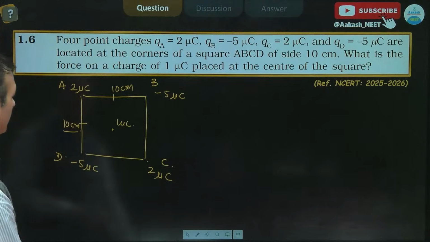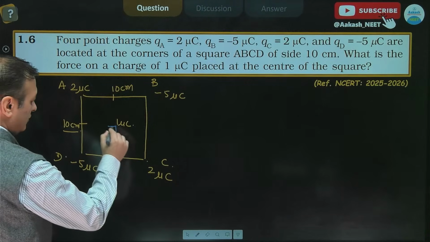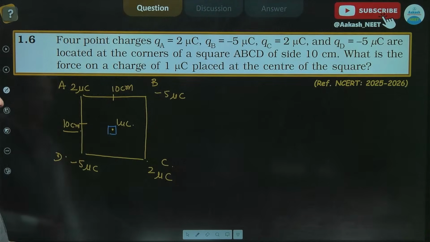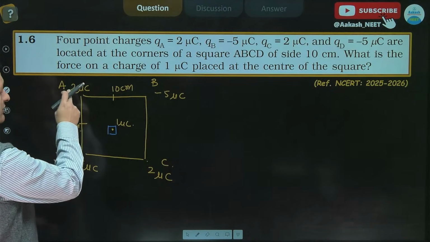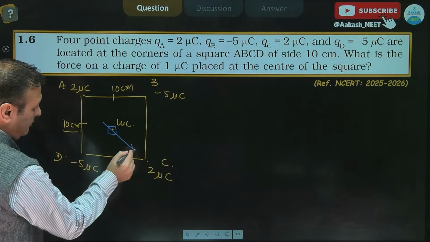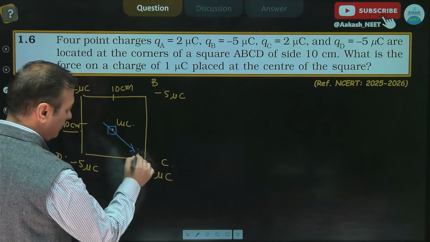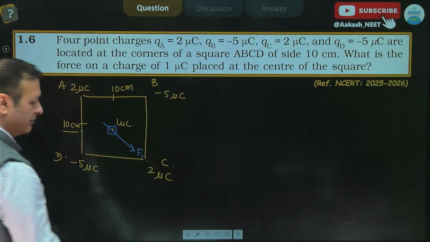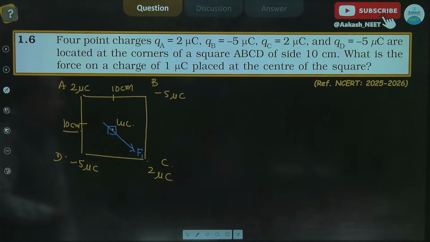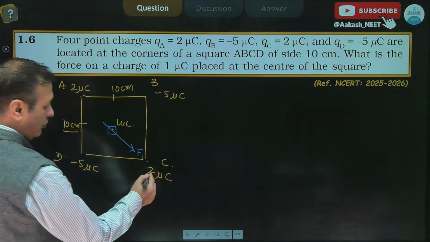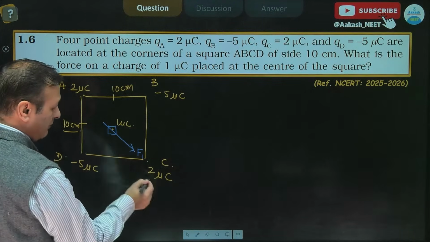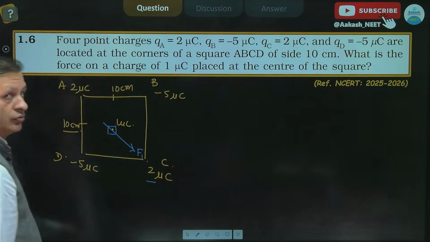Got it? So first, the force experienced by this 1 microcoulomb due to the charge at A would be radially outward. Let's call this force F1. Now, what is the force experienced by the 1 microcoulomb charge due to C?